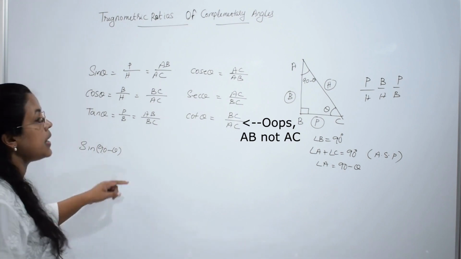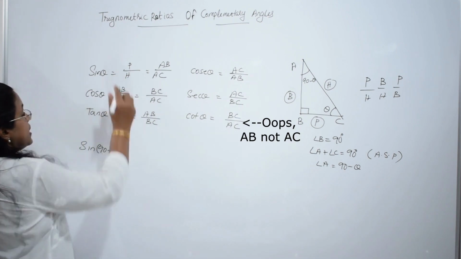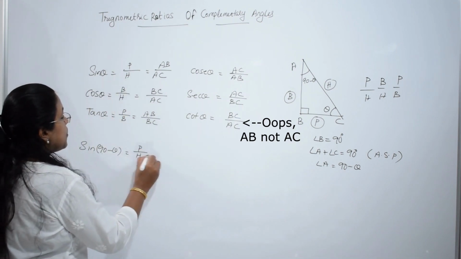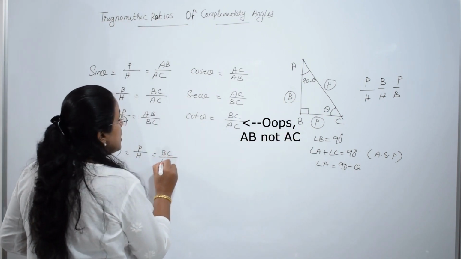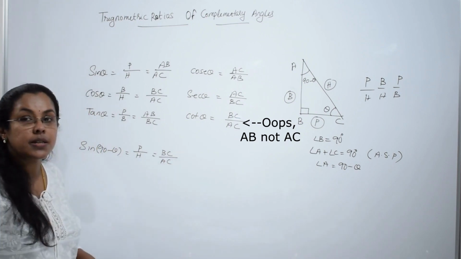Now what is sin 90 minus theta? Sin means perpendicular upon hypotenuse. The perpendicular here is BC, so BC upon AC, isn't it?